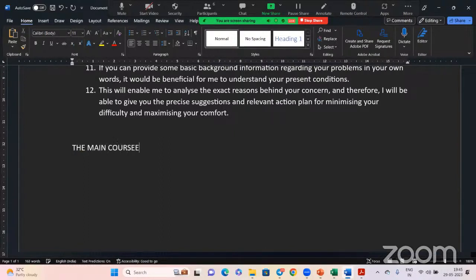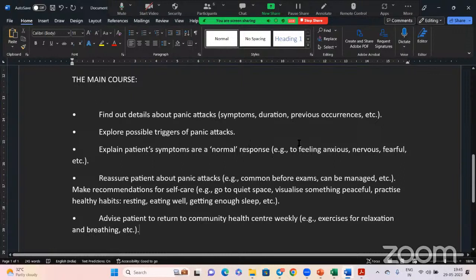Main course consists of 5 paragraphs, 5 spoken paragraphs, 5 questions. So these are the 5 points.